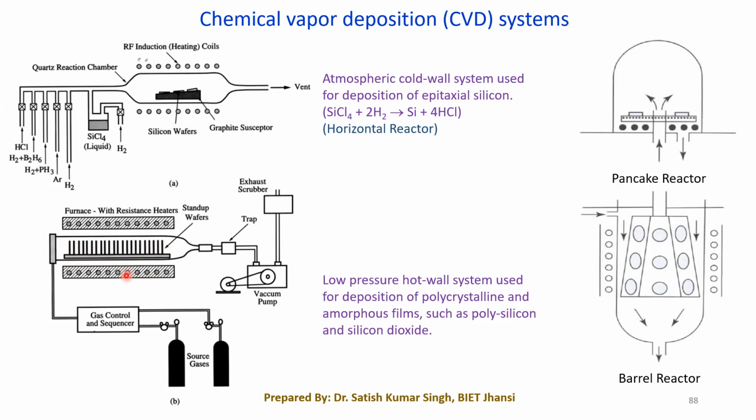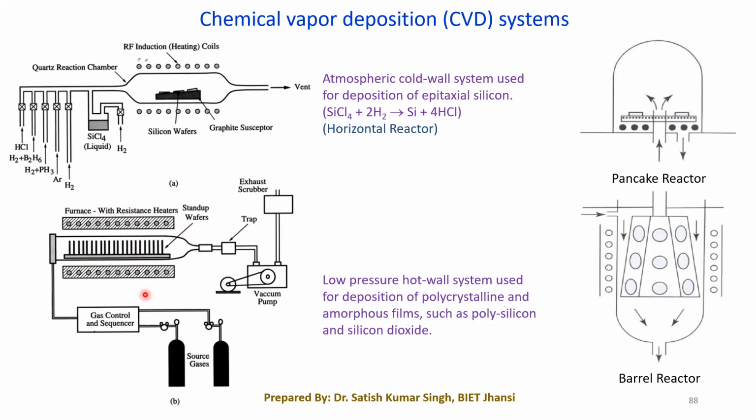In this arrangement the heating is done with the help of a resistance heater. When resistance heating is used, this entire tube is going to be heated, and whatever is inside this tube is going to be heated, and that's why we call it a hot wall system.